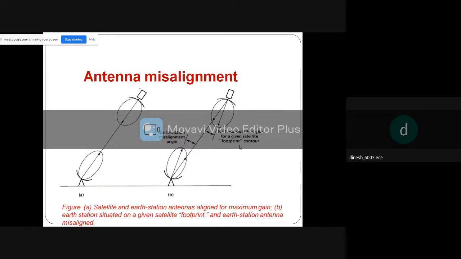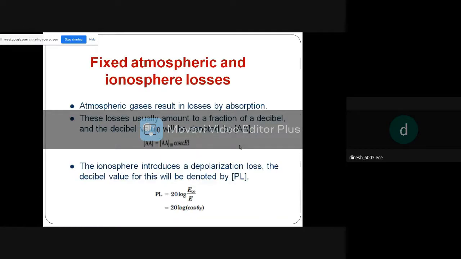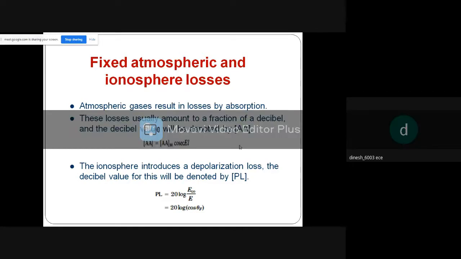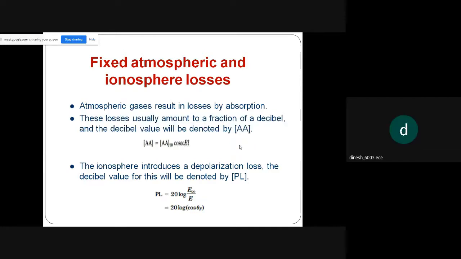After the antenna misalignment losses, we get fixed atmospheric and ionospheric losses. The ions and gases in this atmosphere tend to absorb some part of the signal which we are transmitting in uplink and receiving in downlink. This phenomenon of absorption results in ionospheric losses.